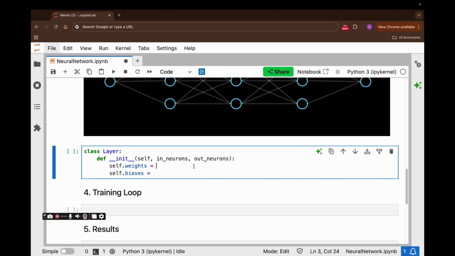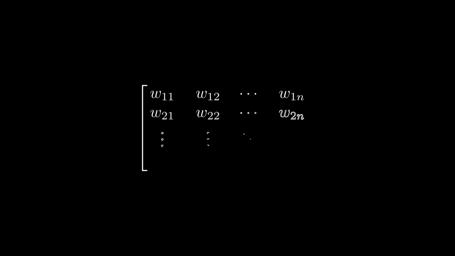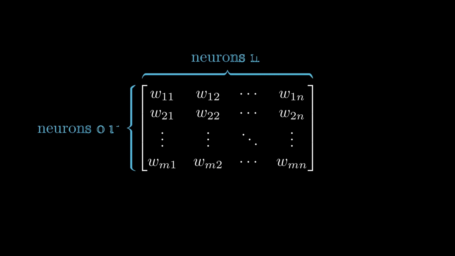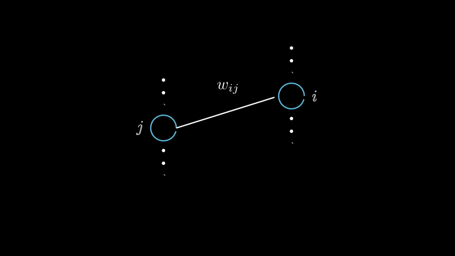Recall that the weight matrix is a matrix with dimensions neurons out by neurons in. The general ij term of this weight matrix corresponds to a weight that's coming out of the jth neuron in the previous layer and is going into the ith neuron of the next layer.